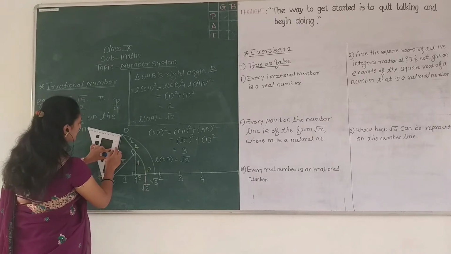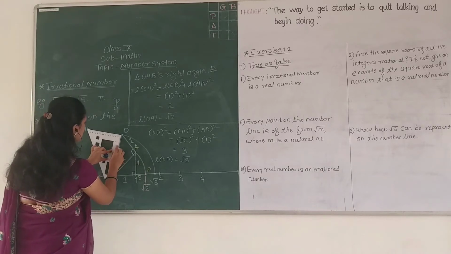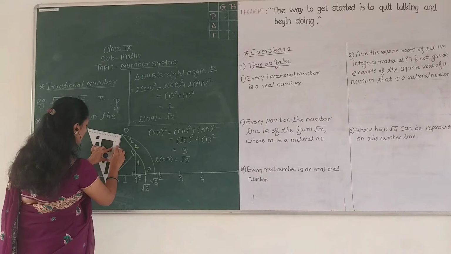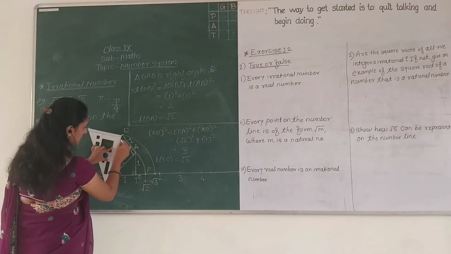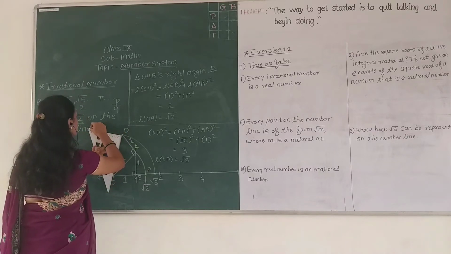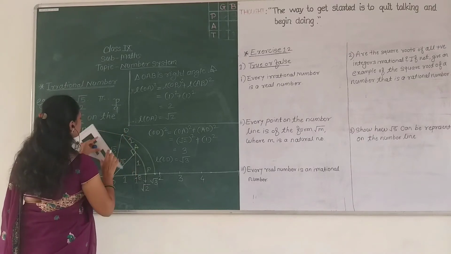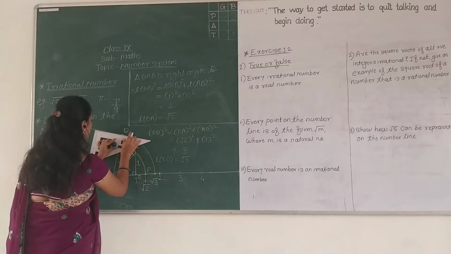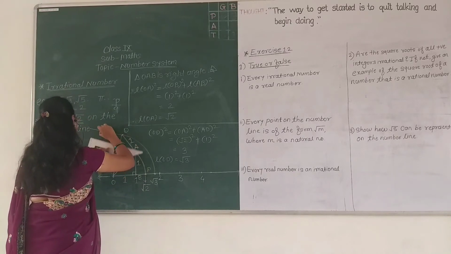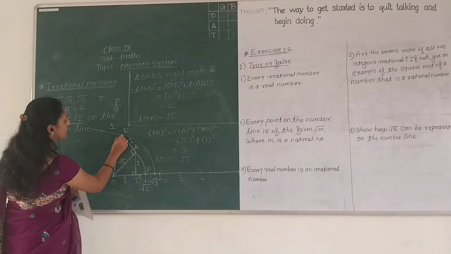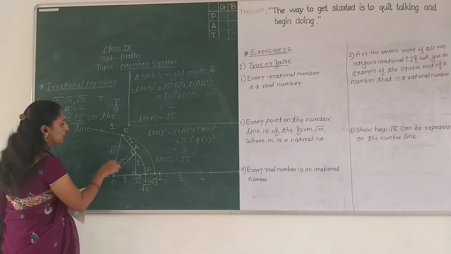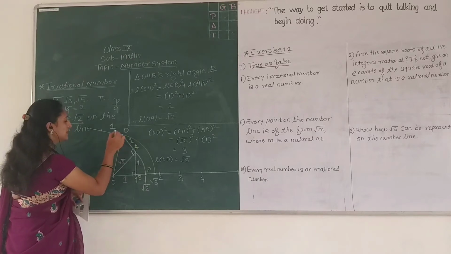We have to construct a perpendicular to the line OD of unit length 1.